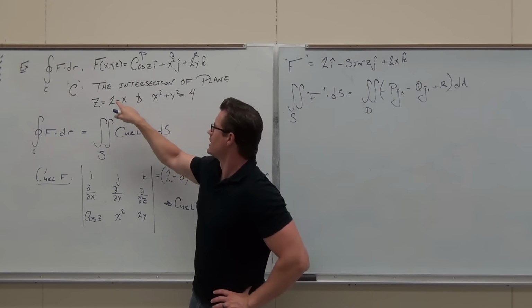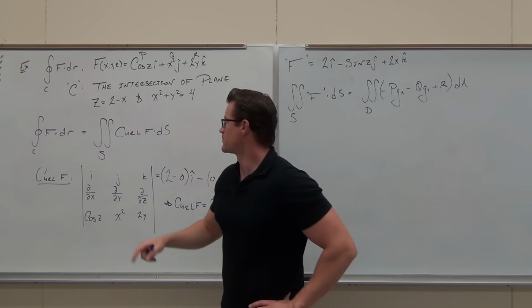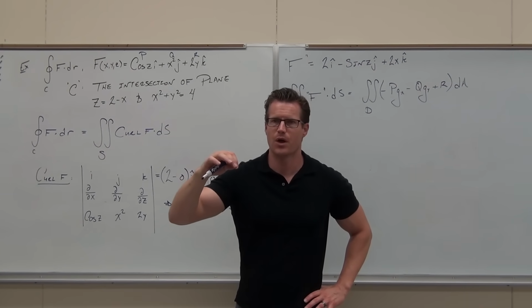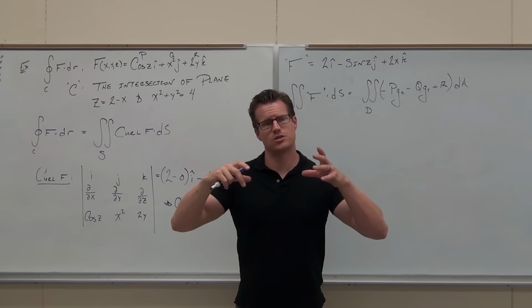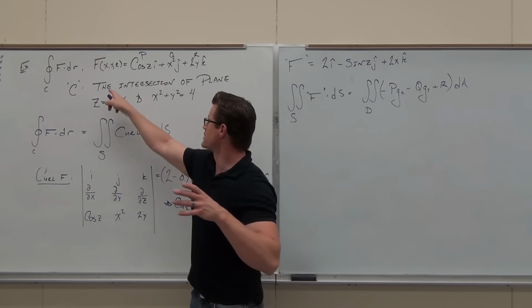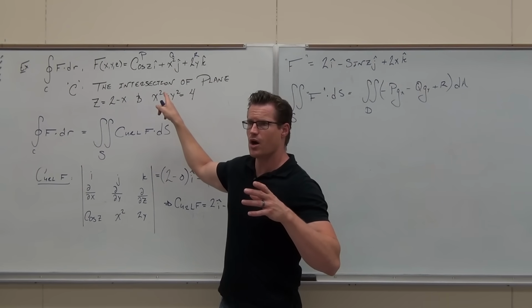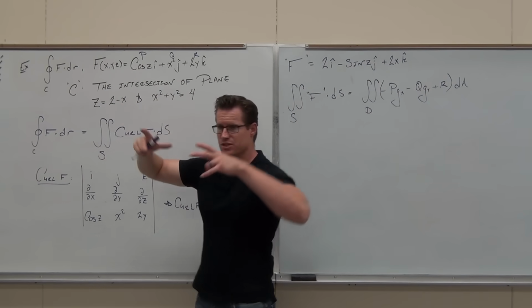This one, well, let's look at the surface. If we define the surface, what's happening is all I need, now be careful here, all I need is for some surface to have a boundary of this curve, this intersection. Are you listening carefully, please? All I need is any surface that has this curve, the intersection, as a boundary.